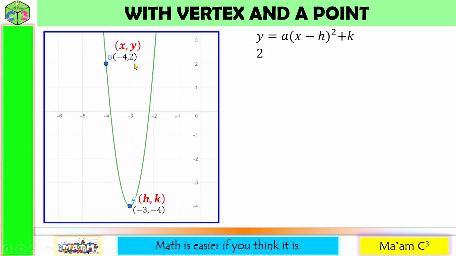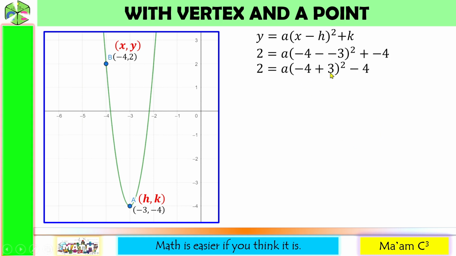I do not have the value of a yet, so I'll copy, equals a. I have here x, and that is equal to negative 4, minus my h, which is equal to negative 3, quantity squared, plus my k, which is equal to negative 4. I'll simplify this. Negative negative is positive. Positive negative is negative.